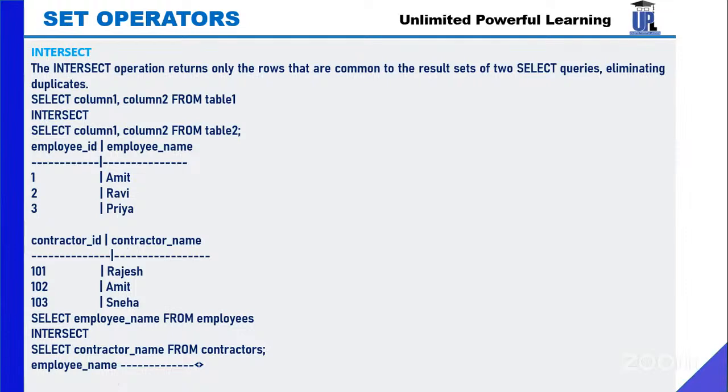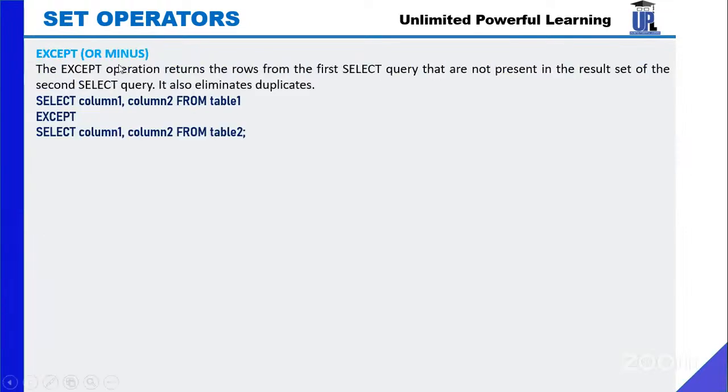We are doing that. Similarly, we have except or minus. Except is called minus in some databases, like Oracle. To equate that we have except. So what is except? It returns the records of the first query which should not be present in the second one. It is just like a set minus, right?